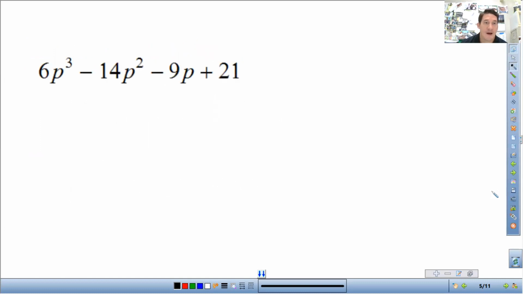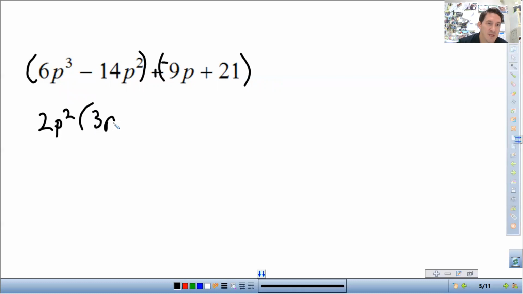Another one. Make sure this middle term, make it plus a minus. So I'm going to group these together, then these together. The greatest common factor between 6p cubed and negative 14p squared is going to be 2p squared. What's left would be 3p minus 7.